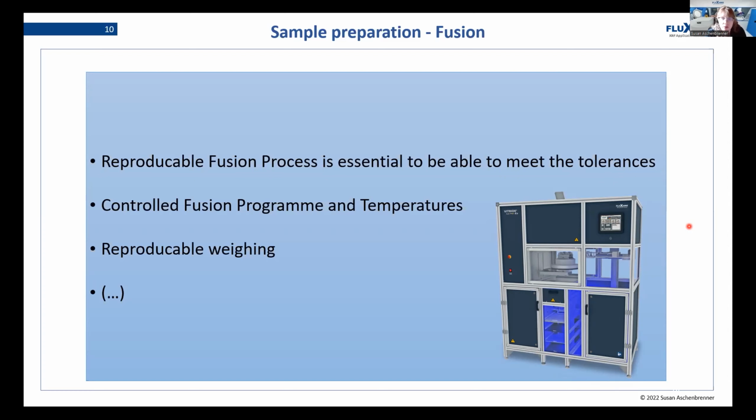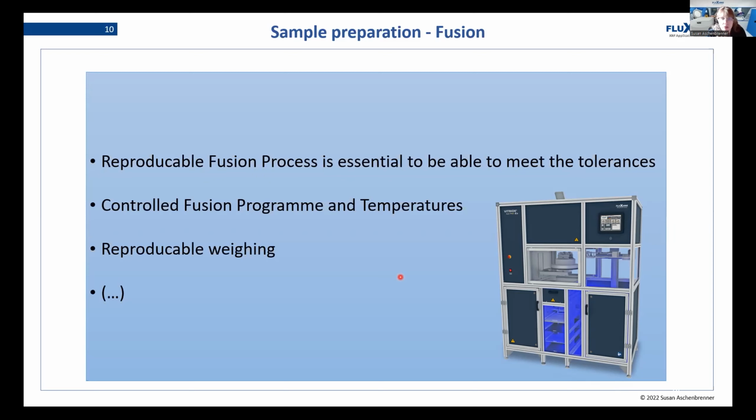And in terms of fusion, this, for example, can mean that you have a controlled fusion program, controlled times, controlled temperatures. If you're using this kind of machine where you are having a furnace, the temperatures have to be controlled in a certain manner, so that in the end, you are able to meet these tolerances that we talked about.